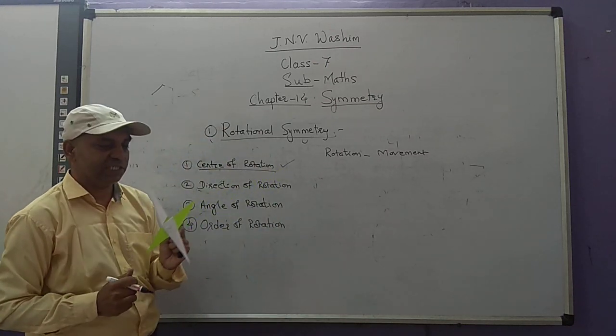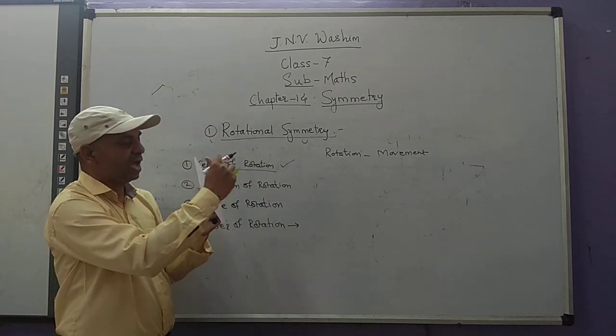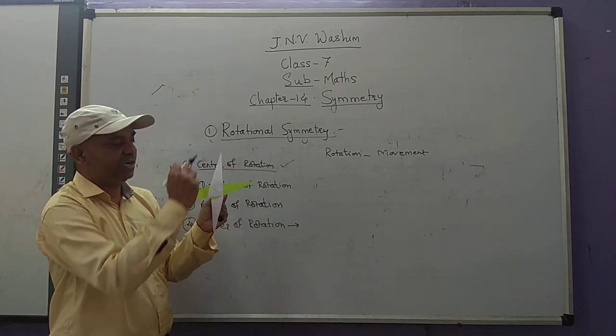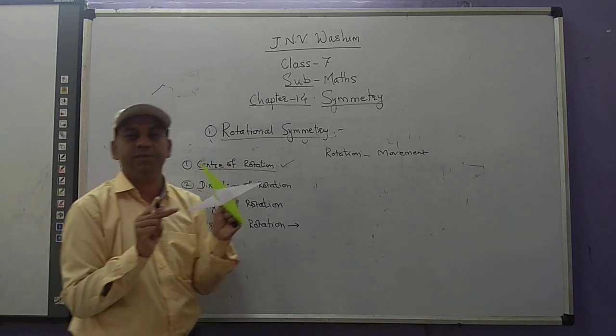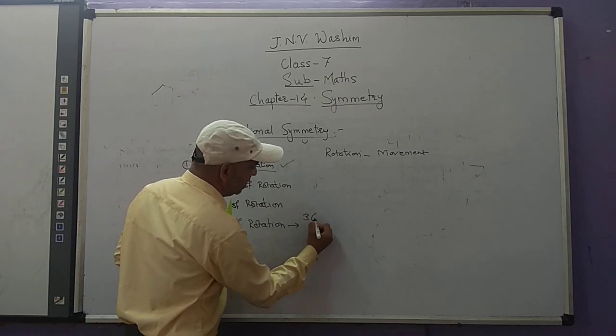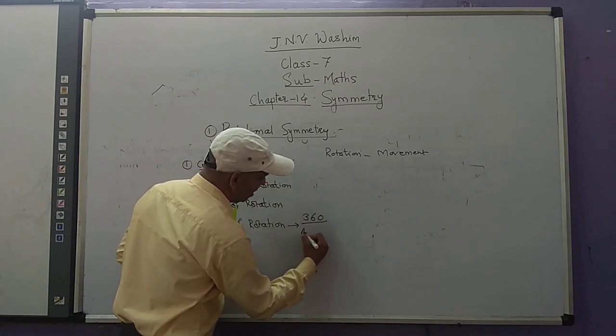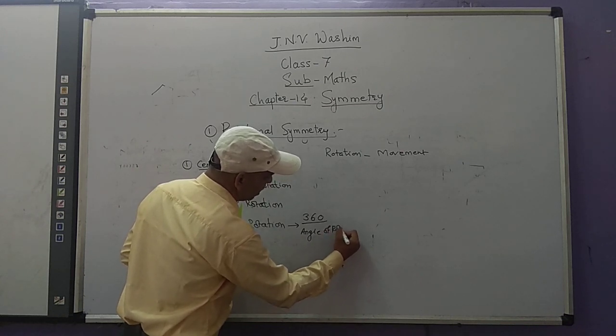And order of rotation means how many times the object occupies the same position in a complete rotation, in a complete movement. So order of rotation is 360 divided by angle of rotation.